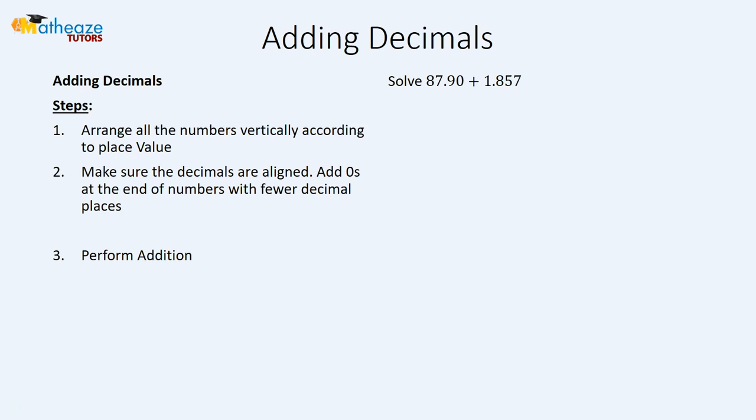So we're going to try the same thing again here. 87.90. Now we're going to align the decimal point right here. So we have a 1 right here. We have an 8, 5, and a 7. So we just replace this with a 0. And then we're adding. So 7 plus 0, 7. 0 plus 5 is 5. 9 plus 8 is 17.